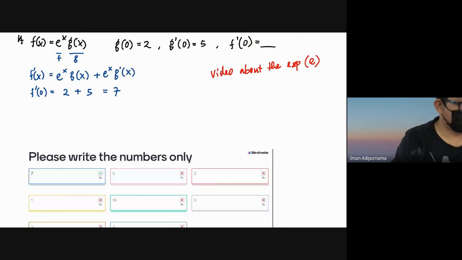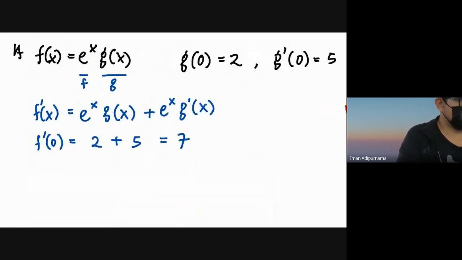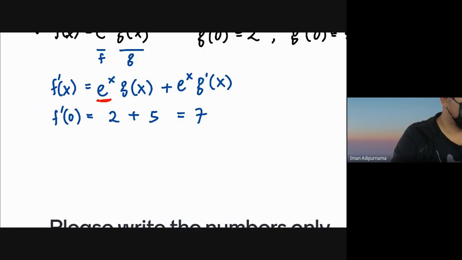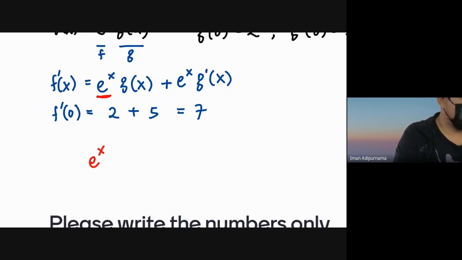Okay, so first let's see the product rule here. I think the exponential is one of the most important functions in calculus, because when you derive the E, you get this E again.